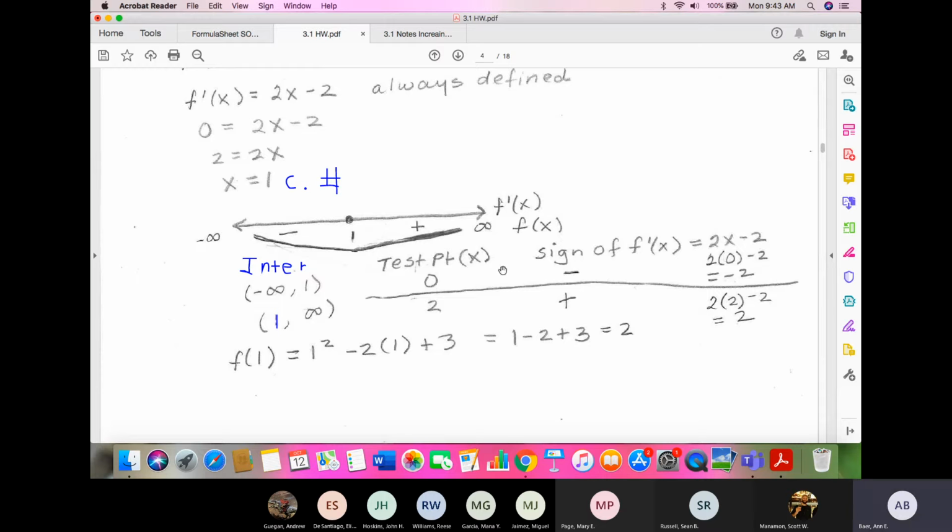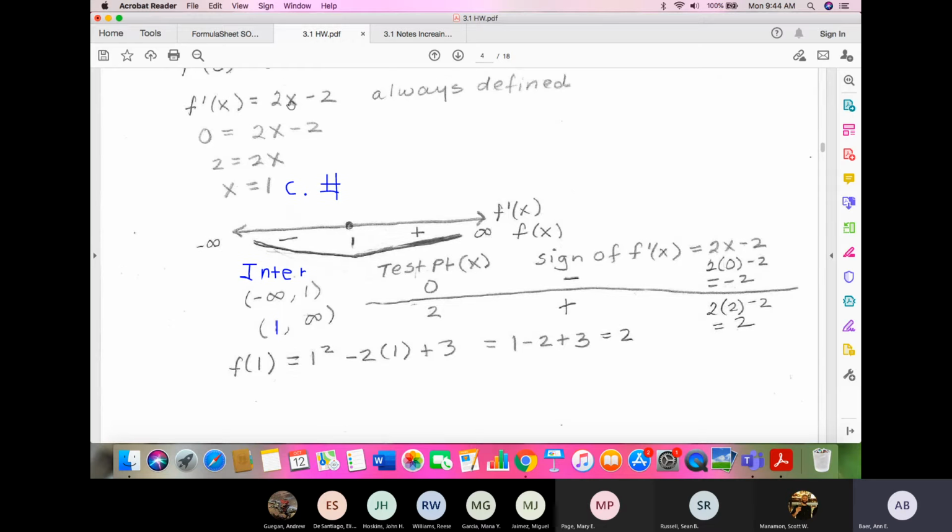Now, what are we looking for over here? We're looking for the sign of the first derivative at that particular x. So at x equals 0, and the sign of the first derivative at x equals 2. So what is our first derivative? Our first derivative is 2x minus 2, which is why it's so important to label here.